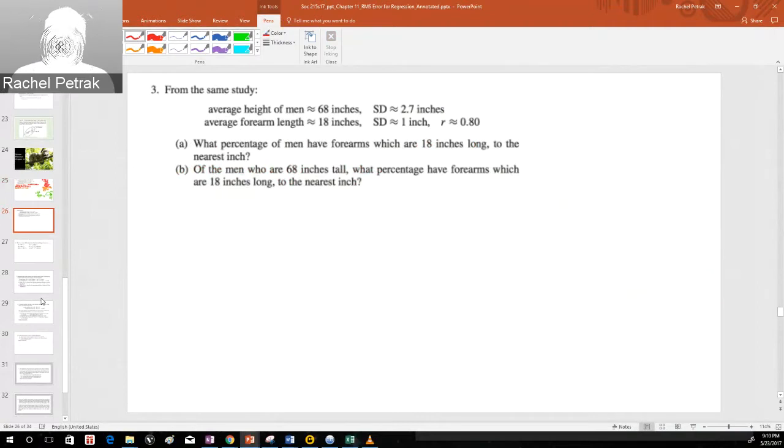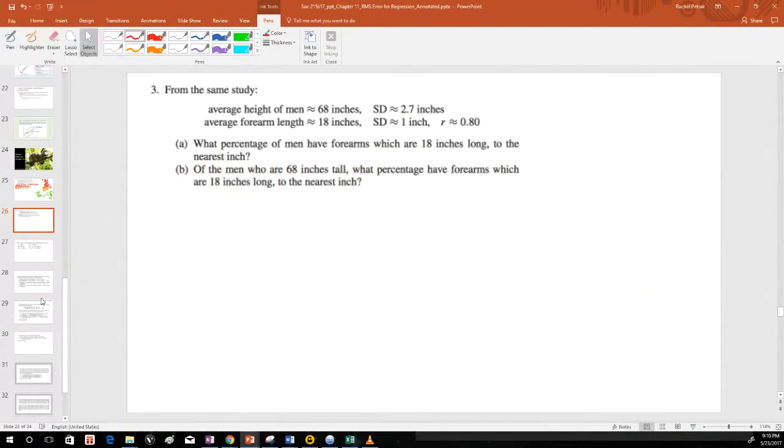Especially given that I already know I'm not going to ask you on the exam to compute new averages and new standard deviations. The questions on this section are mostly conceptual, not mechanical.